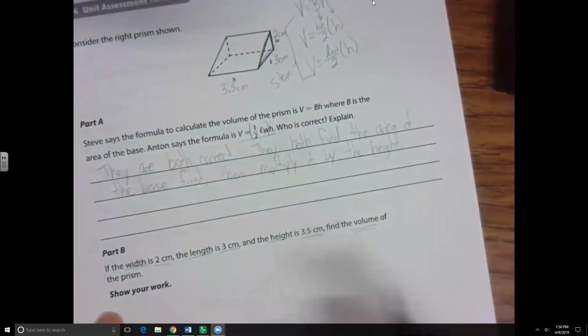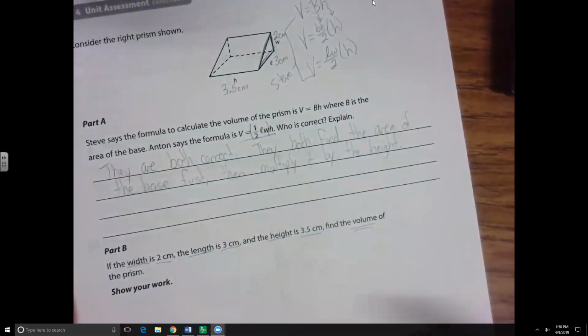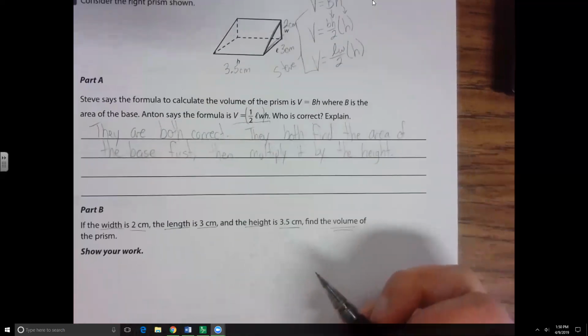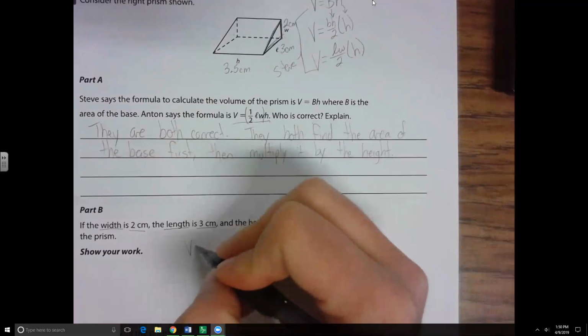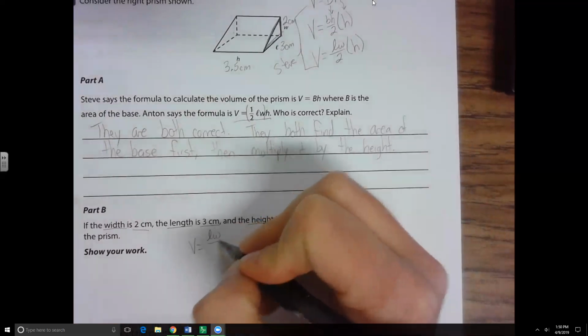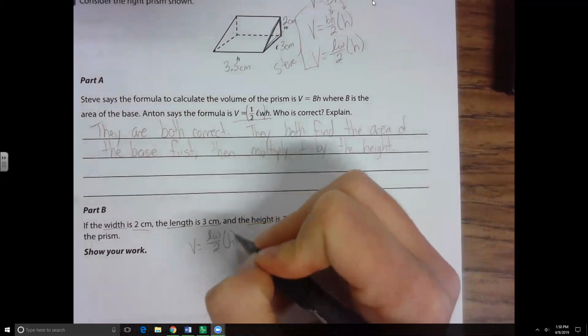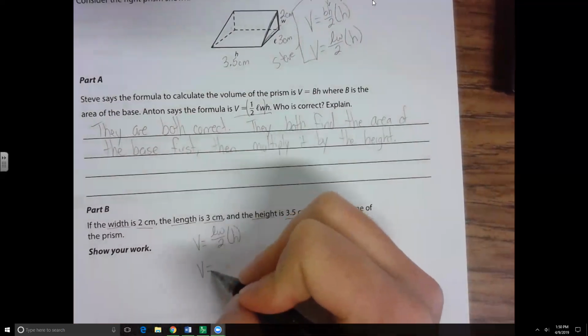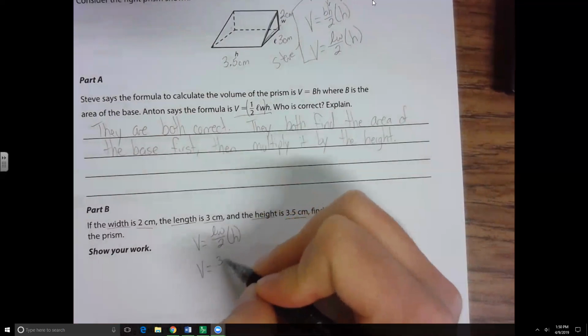Okay, so then I can take those numbers and put them inside of my formula. So if I use length times width divided by 2 times the height, then my length is 3, my width is 2, and I'm cutting these numbers from here.